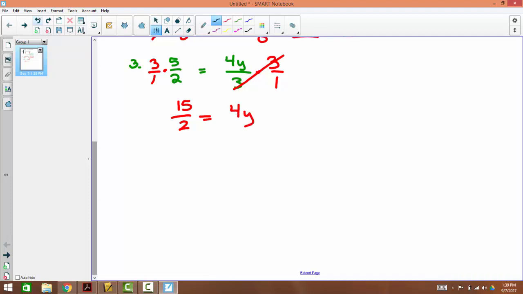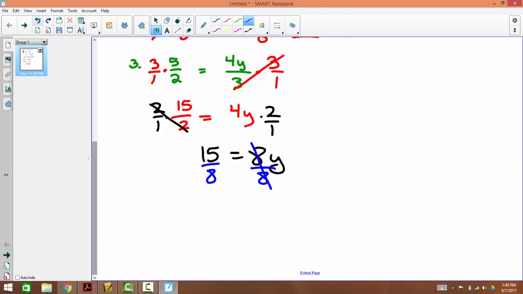Then your next step is to get rid of the 2. Again, you would multiply by the reciprocal to undo the division. So you have 15 equals 8y, which is the exact same thing we had with the cross multiplication before I erased it. And then the last step is to get the y alone. So a number next to a letter means multiply.